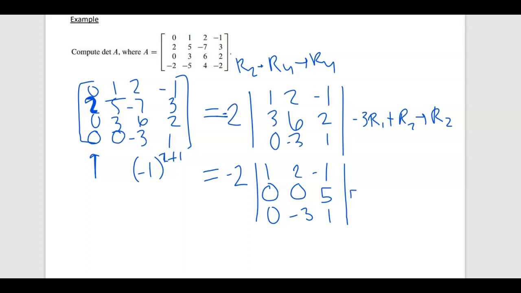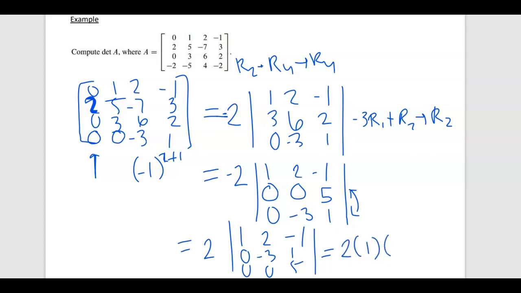And then I'm just going to go ahead and switch these, but remember when you switch, you're going to take the negative on the outside, right? So I have 2 times 1 times -3 times 5, and I end up getting -30 as my determinant.